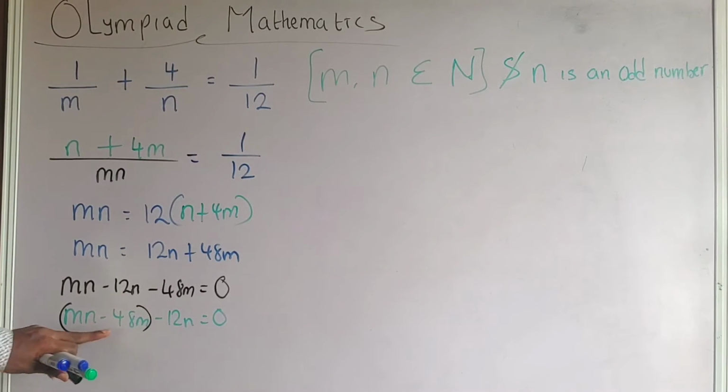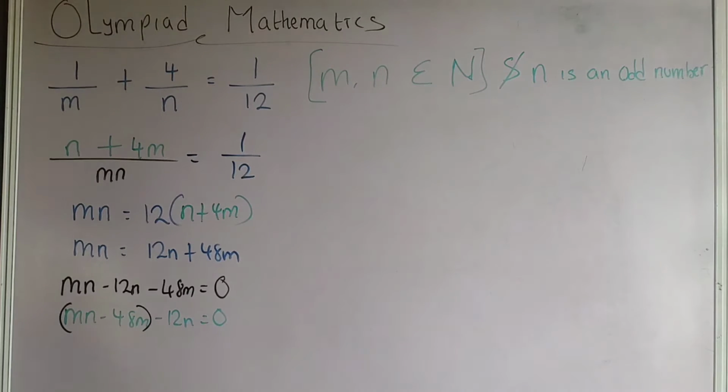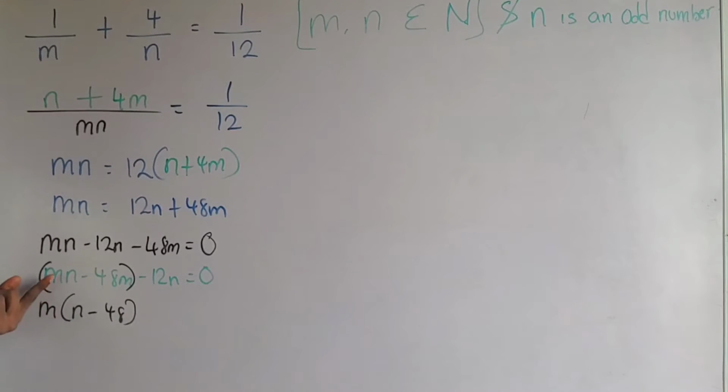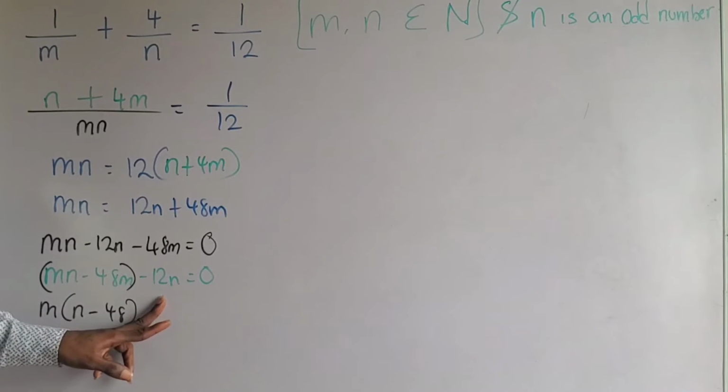What is common to mn and negative 48m? The common parameter there is m. So let us factorize m. I'm going to have m multiplied by n minus 48. Now, having factorized the common parameter from mn minus 48m, the common parameter is m.